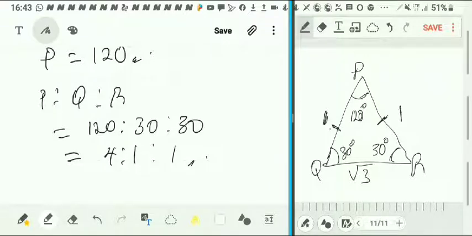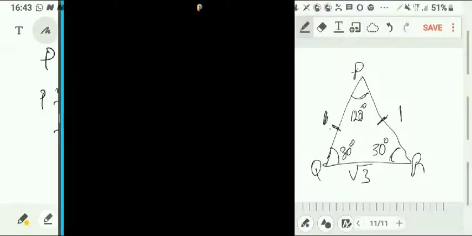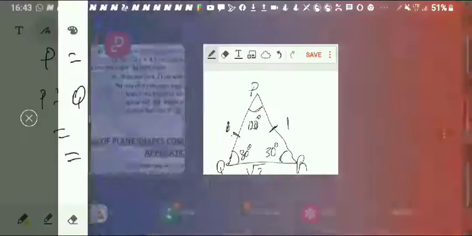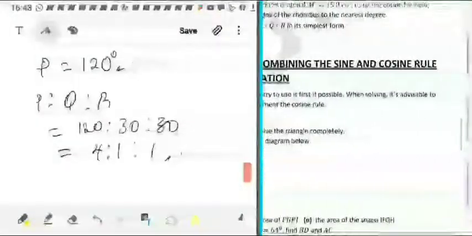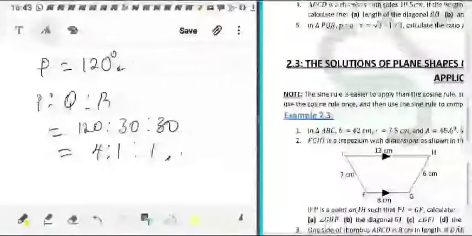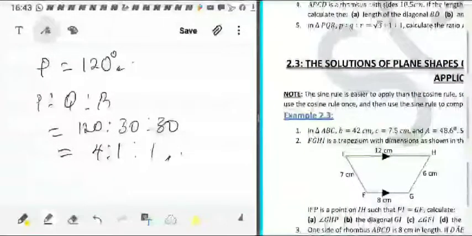Okay. Now let's see what we can do again. Our time is far spent. Okay, 2.3, solution of plane shapes combining the sine and the cosine rule application. Now I want to see where we combine the last two subtopics.